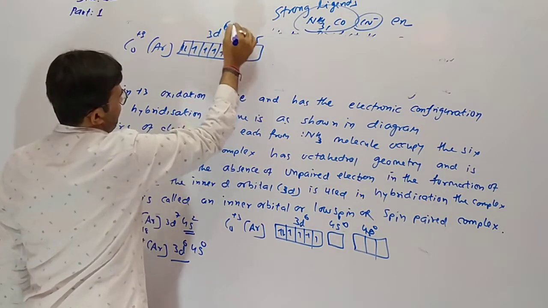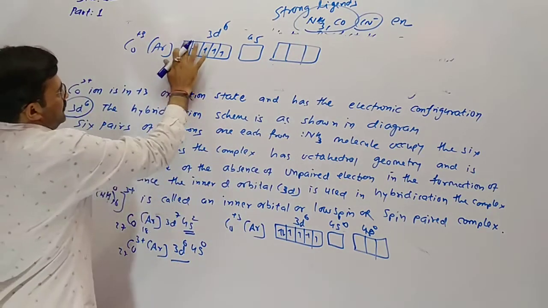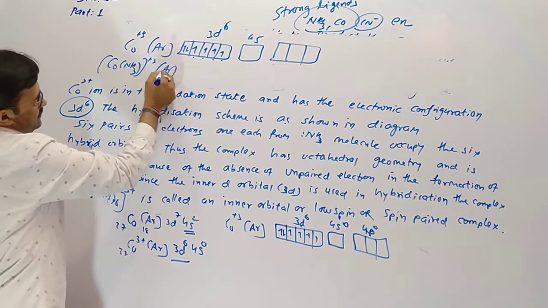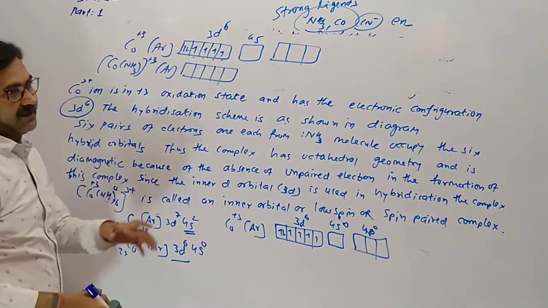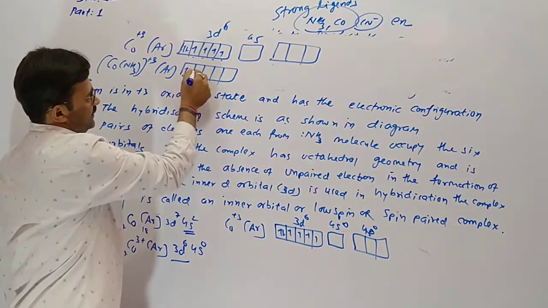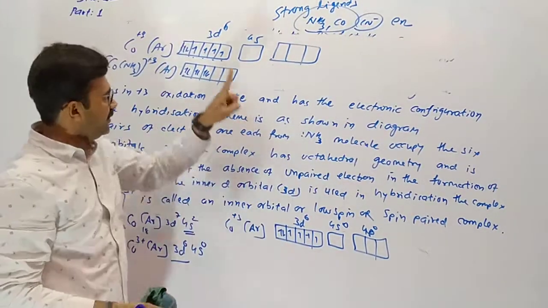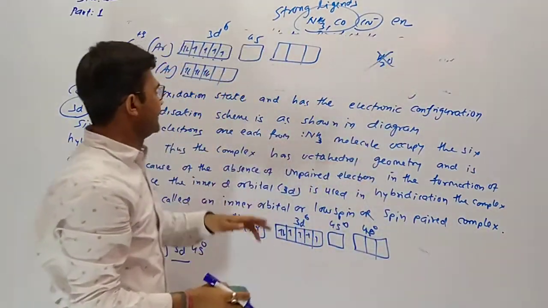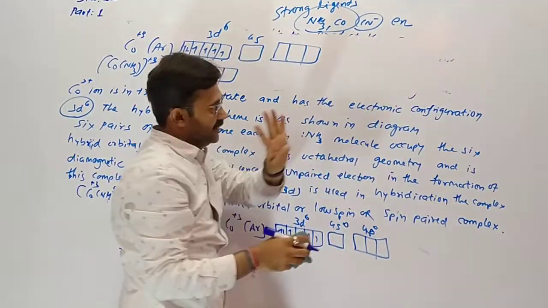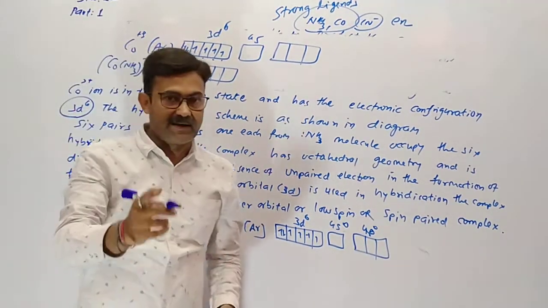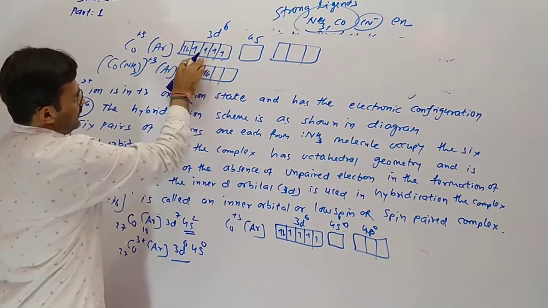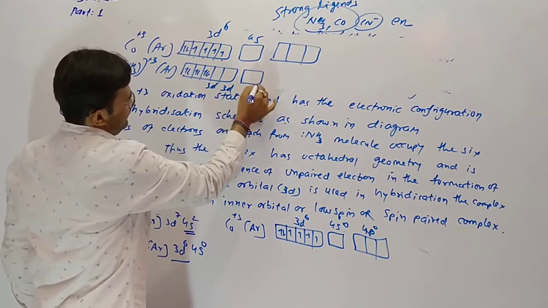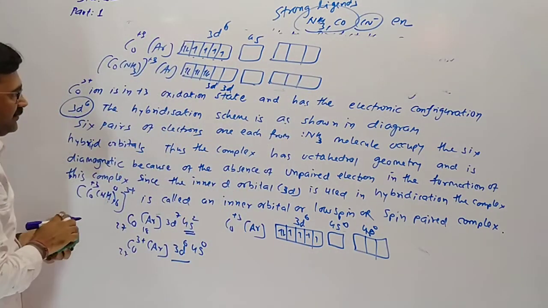Out of 6, 2 are paired and 4 are unpaired. But amine is a strong ligand, so it pushes up the electrons. So it will pair the unpaired electrons. So these 2 electrons come here. This will happen only if any one of these four is present. If it is something other than these four, such as aqua, it is not capable, so hybridization happens from here itself. If any one of these four is present, the unpaired electrons become paired. So 2 3d, 1 4s and 3 4p are now vacant.